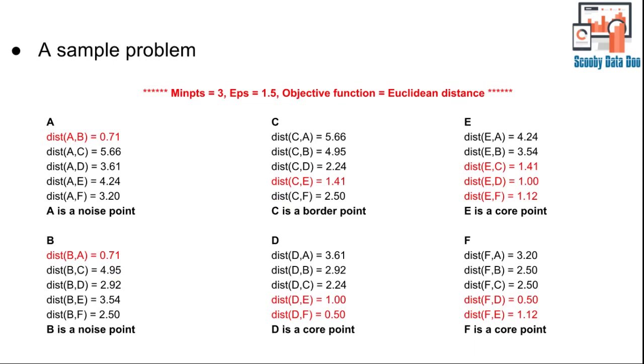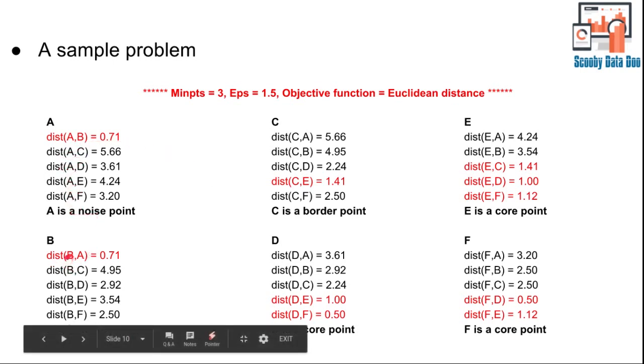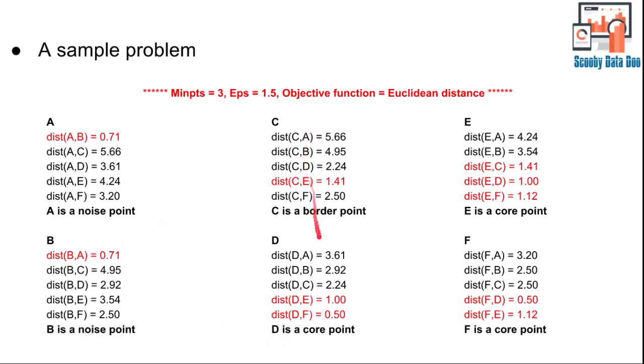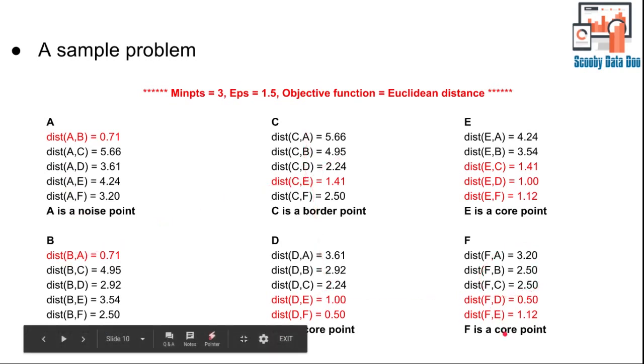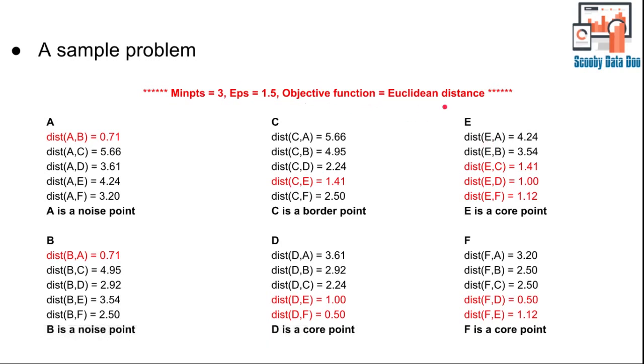Actually, we have to go through all the points and find the distance from every point to every other point, from A to B, A to C, A to D, A to E, A to F. Then for B we do the same, C, D, E, we do the same. I think that's understandable, and our distance function here is Euclidean distance.